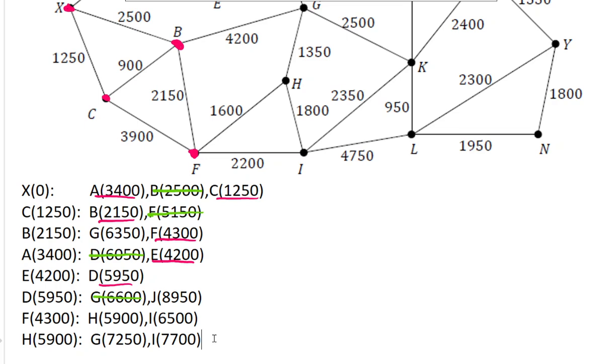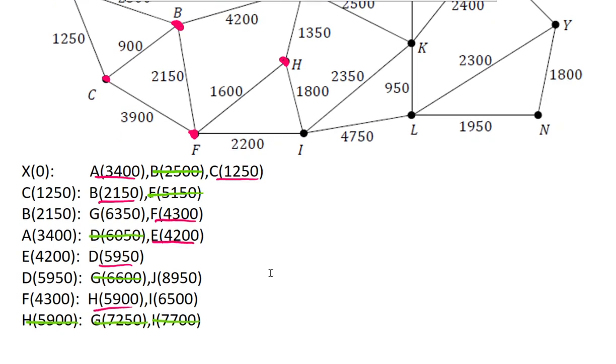So what this tells us now, we have I for 7700, so that's bigger than our 6500, so that's not shortest. And G for 7250, so that's not shortest either, so that's gone. So H is visited, I think, and H, I reckon, is no longer part of that conversation because anything from H is not part of the shortest path.